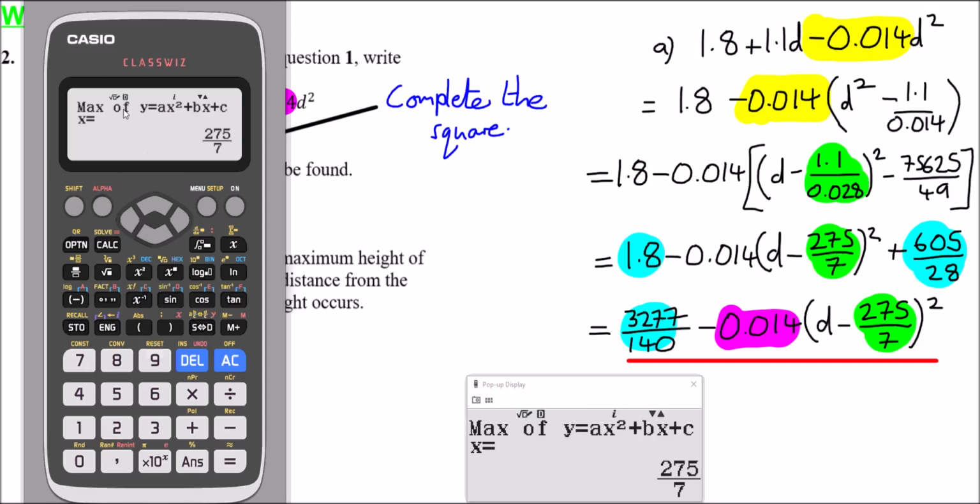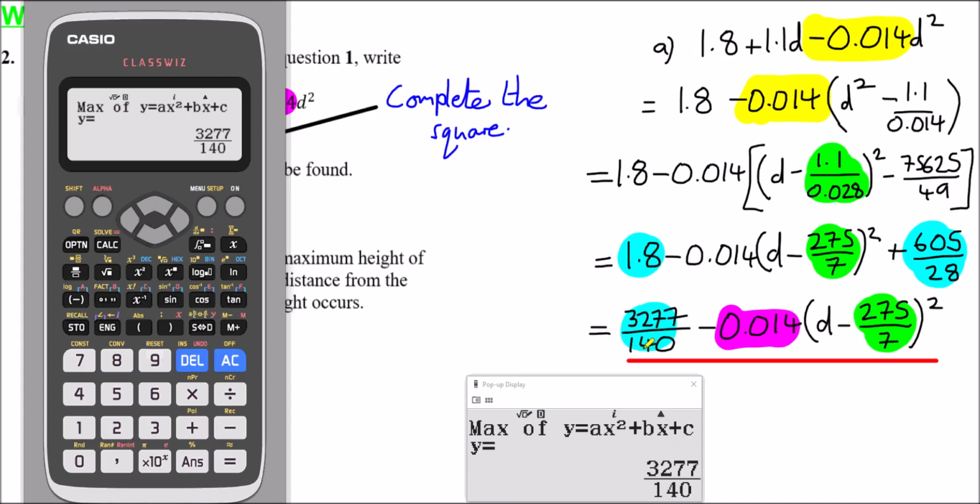Press equals, but now you go past the solutions to where it says max or min. So the max or min, this value here, we put into the brackets and switch its sign. So 275 over 7 becomes minus 275 over 7. If we press equals again, we get the constant term outside of the brackets. So if we press equals again, you see here that this number will always be this constant term here.